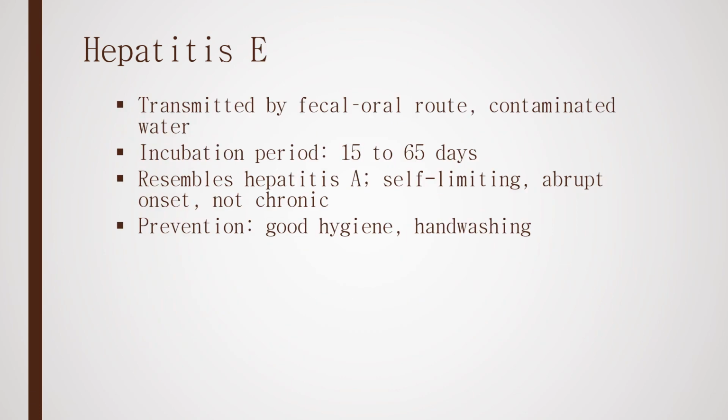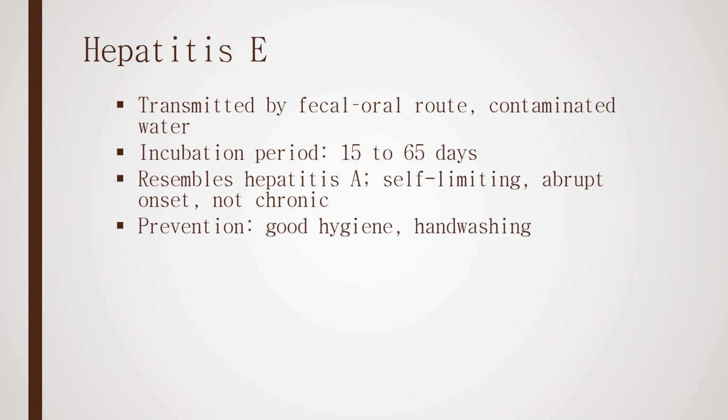Hepatitis E: it is believed that hepatitis E virus is transmitted by the fecal-oral route, principally through contaminated water in areas with poor sanitation. The incubation period is variable, estimated to range between 15 and 65 days.